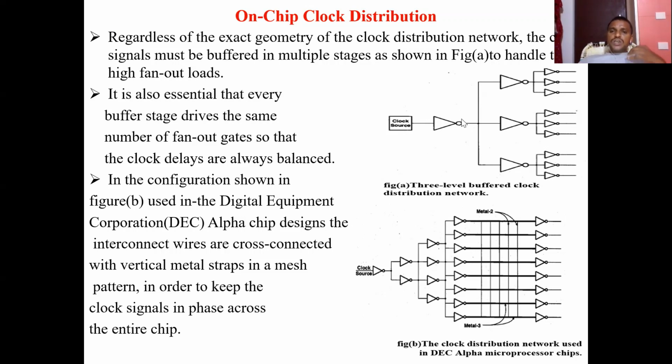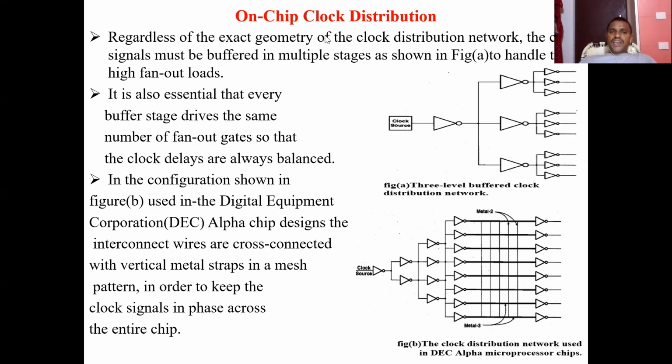How much capability does it have to drive the connected devices? The output of this inverter is driving another 3 inverters, and the output of each one is driving another 3. So these 3 inverters can drive 9 inverters, each one driving 3.